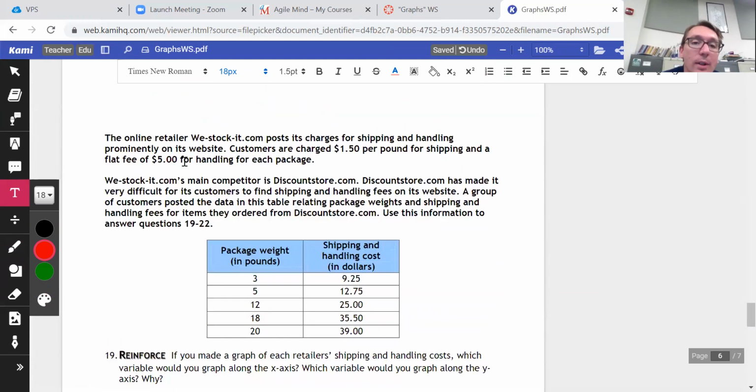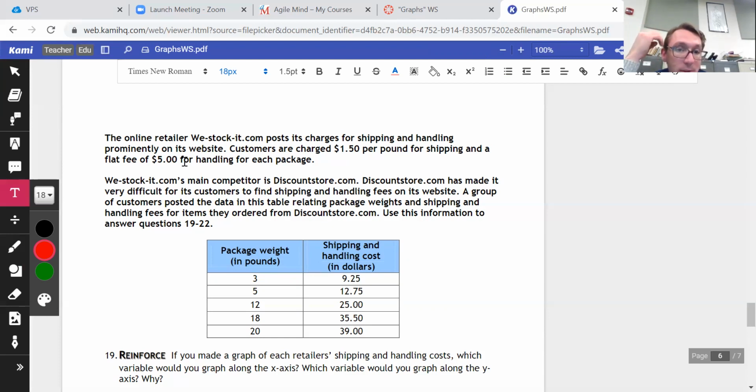Okay, the online retailer posts its charges for shipping and handling. We did this before: $1.50 per pound and $5 to handle the package. Great. Their competitor is Discount Store. Whoa, they made it very difficult for its customers to find shipping and handling fees on its website.